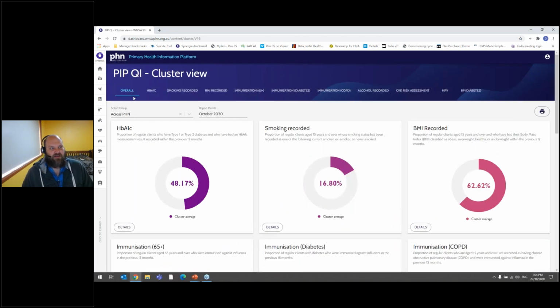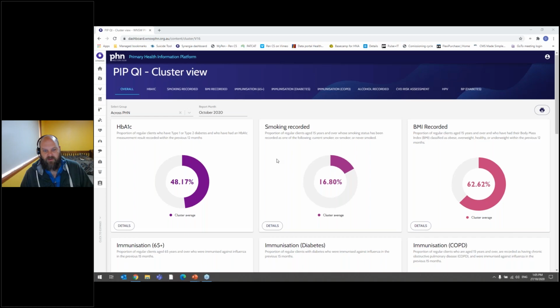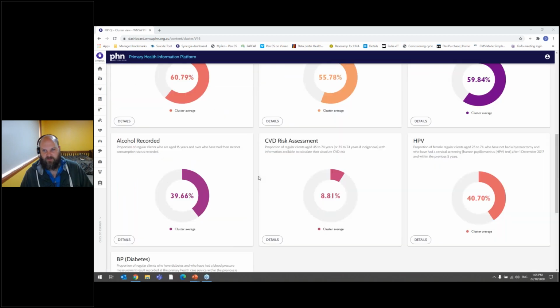The 10 PIP QI measures that we have for the Commonwealth reporting to the Australian Institute of Health and Welfare are all located here. You can also see them overall as an overall screen here for you.